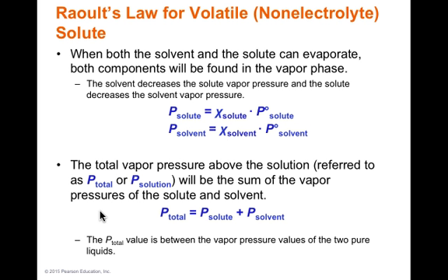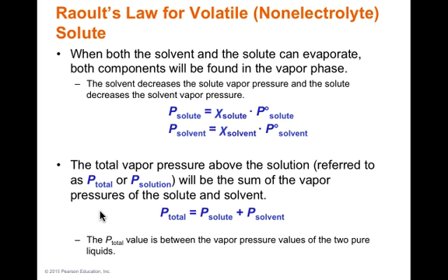Toluene is an organic liquid that boils around 110 degrees Celsius. Benzene, another organic liquid, boils around 80 degrees Celsius. Both toluene and benzene are volatile. The total vapor pressure above a solution of toluene and benzene is due to both the vapor pressure from toluene and the vapor pressure from benzene.